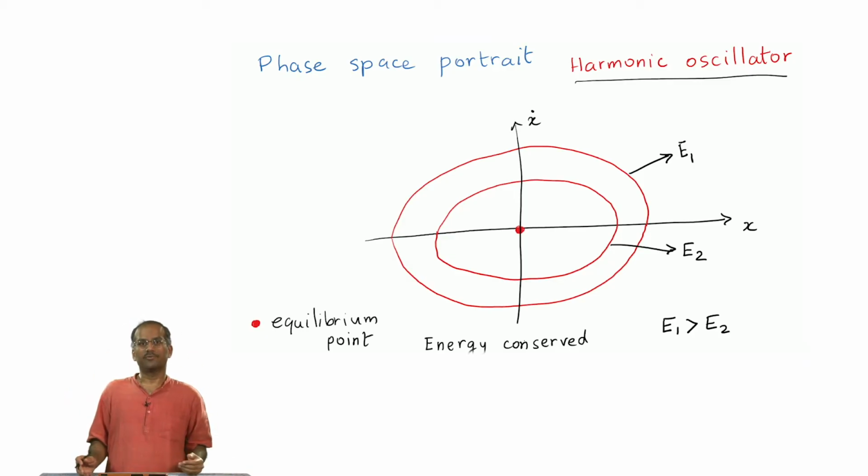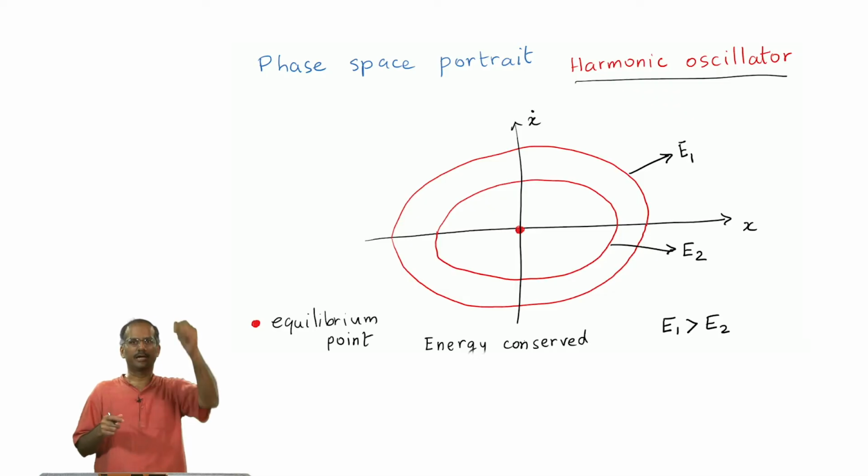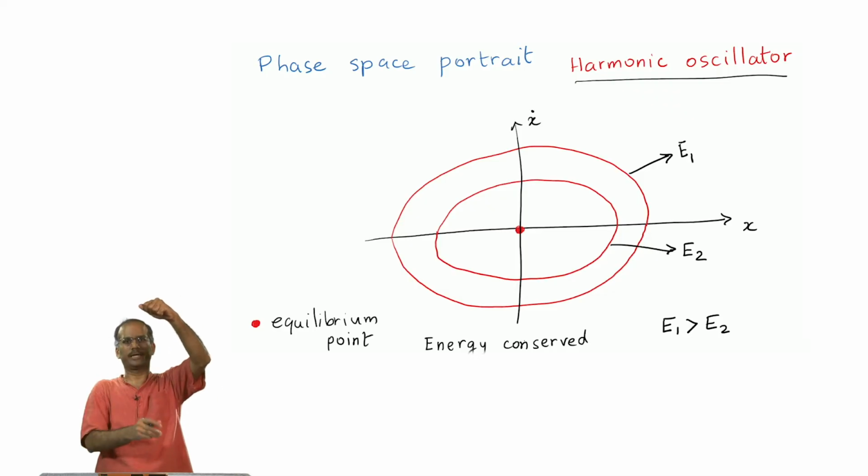The one that lies outside, the larger the curve or the larger the area that it encloses, the larger the energy. And you can ask what is the equilibrium point here. Since you do not have any dissipation, these are technically called centers. The equilibrium point is right at the center. If you are there, nothing will happen. It is like saying that I have a pendulum that is just hanging vertically.